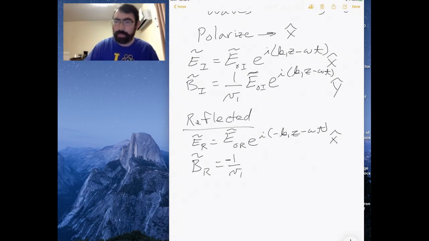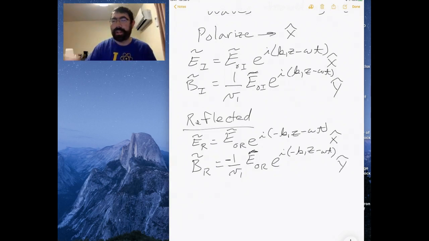Minus 1 over v1. So the reflected wave is now pointing, there's been a phase change. It's now pointing in the opposite direction because we've polarized things in the x direction. So really that minus sign goes on the y hat.